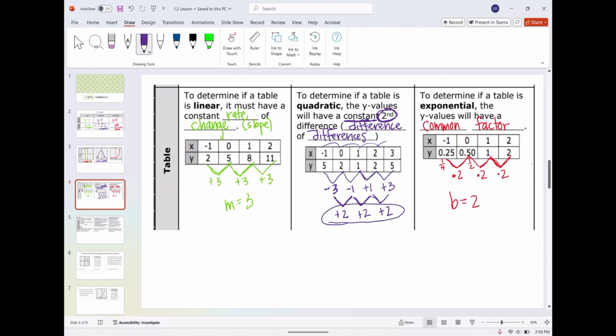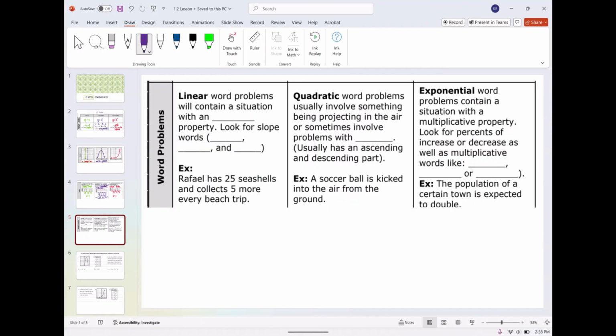So notice how these are the same value because it's the second difference of the y values. And that constant number means they're all going to be the same. So if that second difference is the same, then that's what makes it a quadratic function. All right, and that second difference comes from the x squared in the equation, but we'll learn more about that in the future. So check the tables and see what's happening.